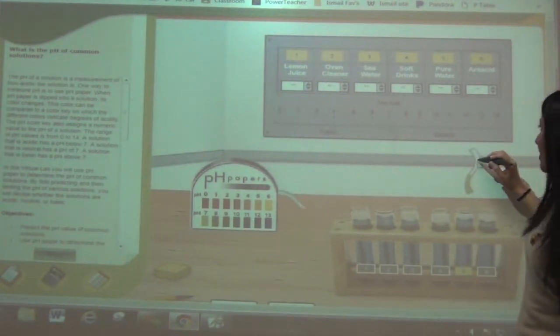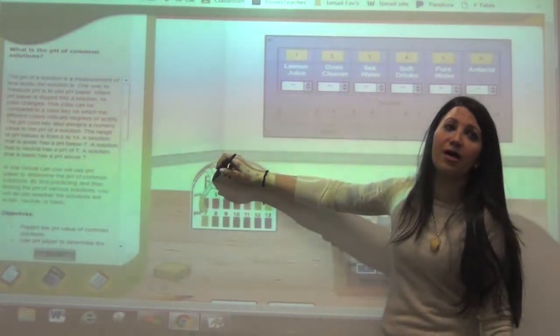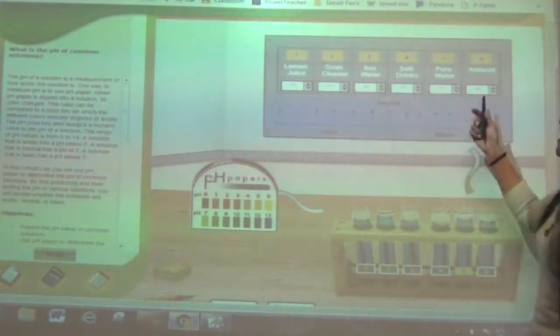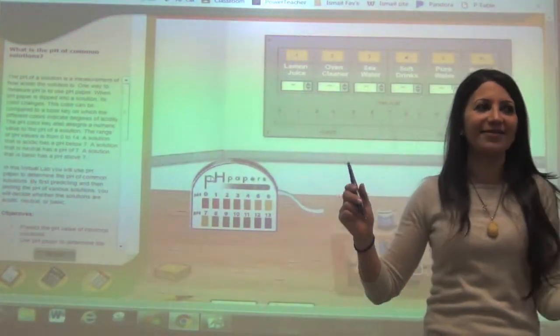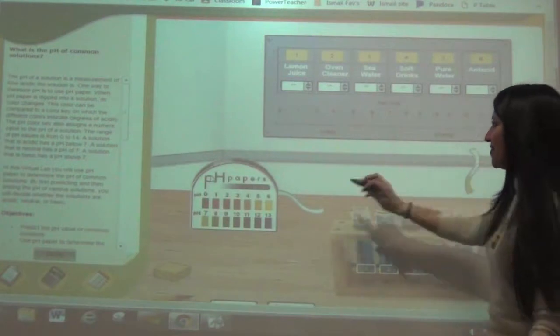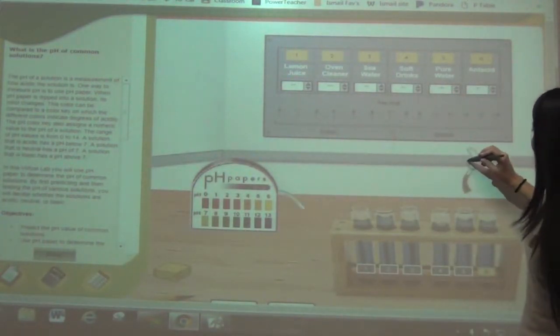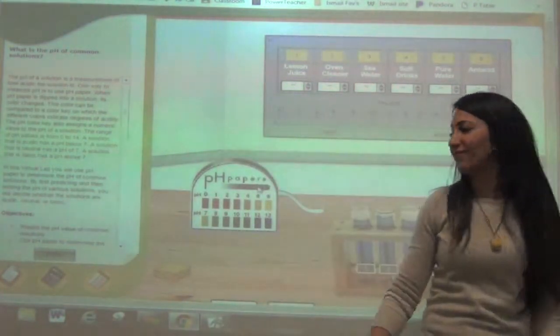Yeah, that should be right at neutral. As long as you have pure water with nothing else inside of it, it should be a pH of 7. And antacids. An antacid is like an anti-acid, which probably should be basic. If we take a look at the solution here, we can see again that this is in the blue range, somewhere around a 10 or an 11. Okay.